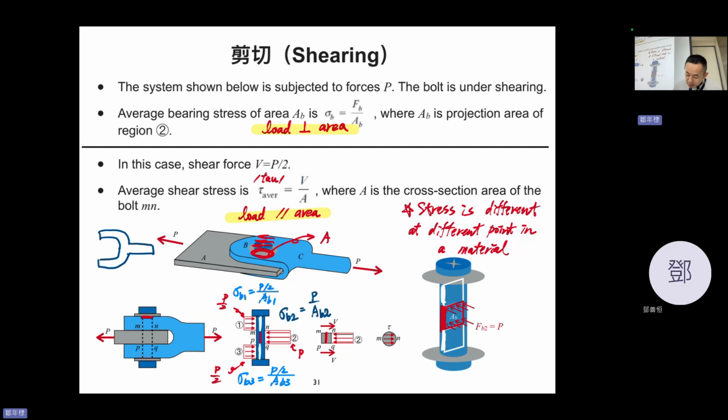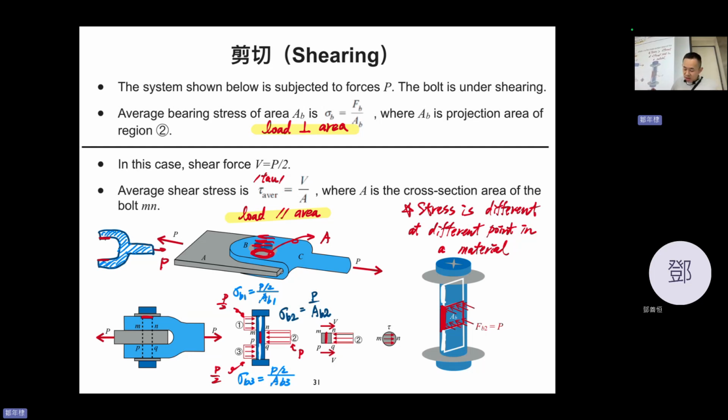So you can see that this blue-white shape has the P here. If you cut here, do you think this white material is staying there? Yes, it is in equilibrium.